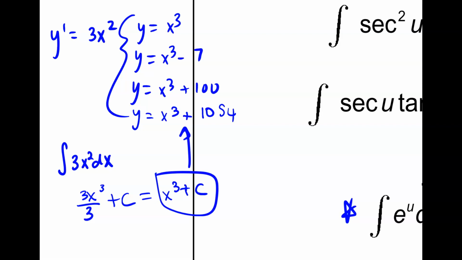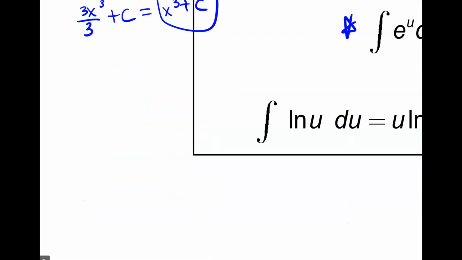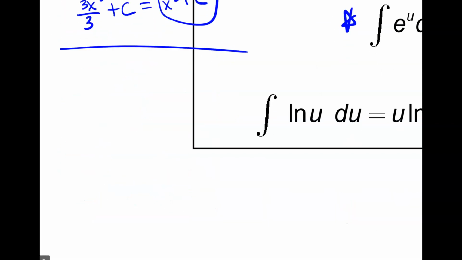What else do I want to say? Okay, did that example. Let's do one more. If I have something like f of x is equal to x to the 6, what is f prime of x? How do you take the derivative? 6x to the 5th.